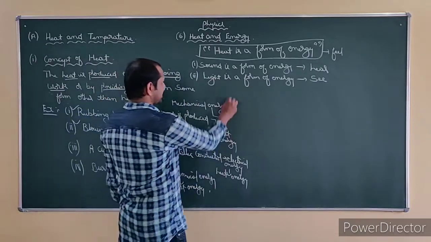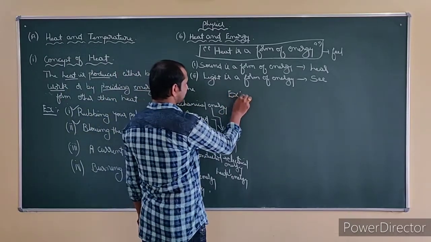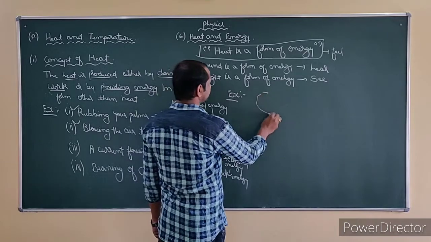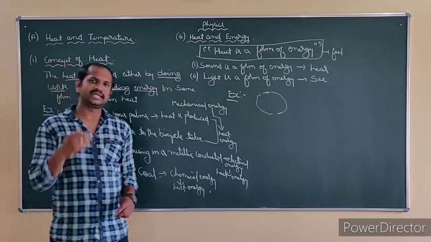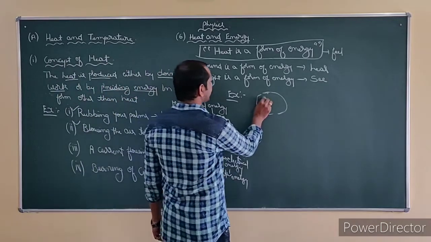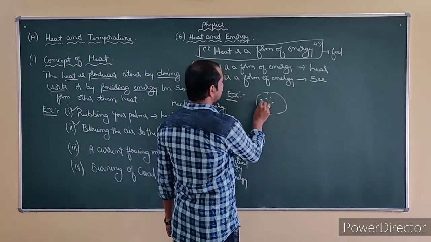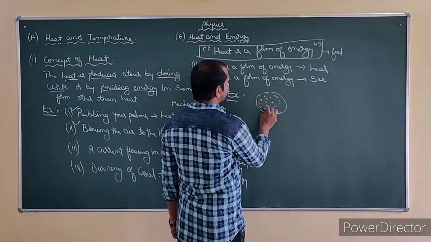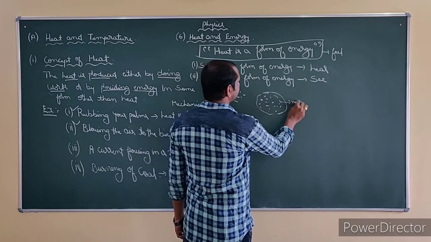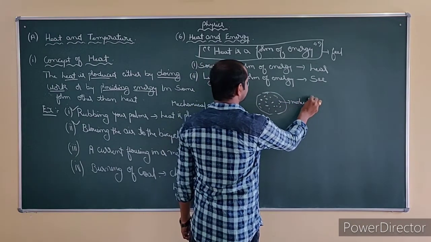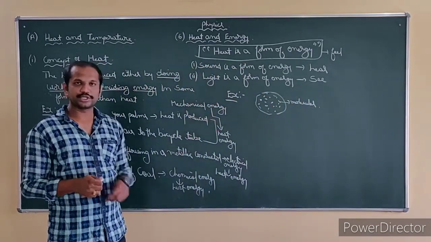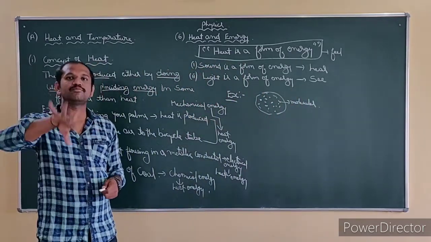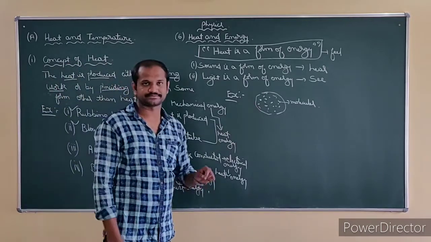Next, let me explain that. Consider some body. I have considered some body. Any body when you consider, it is made up of what we mean by molecules. These molecules will be in random motion inside an object.